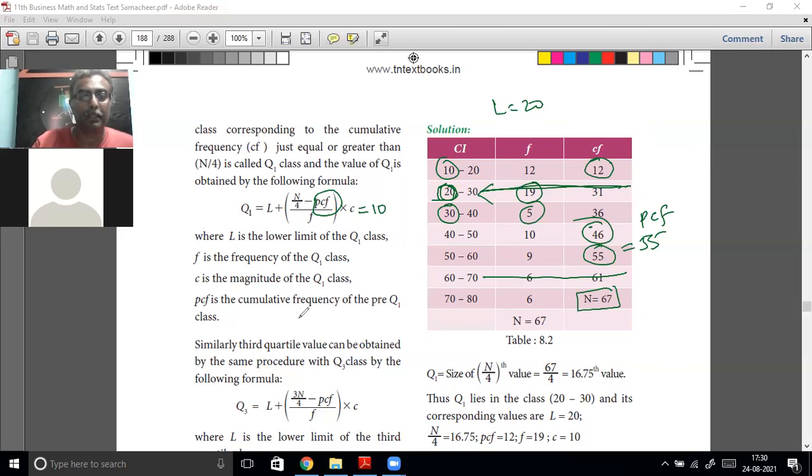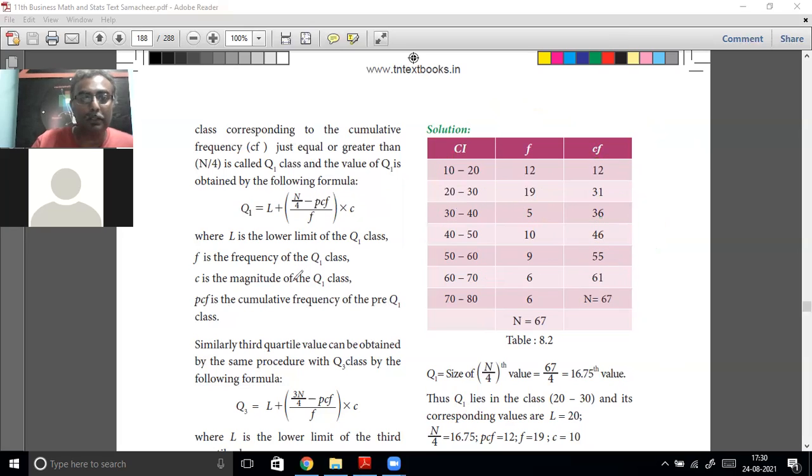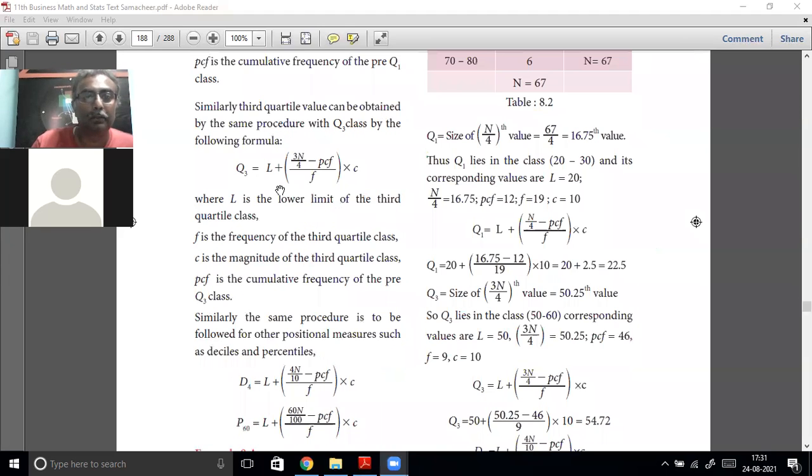Now what is the difference for Q3? Very simple. The formula is 3 by 4 n.